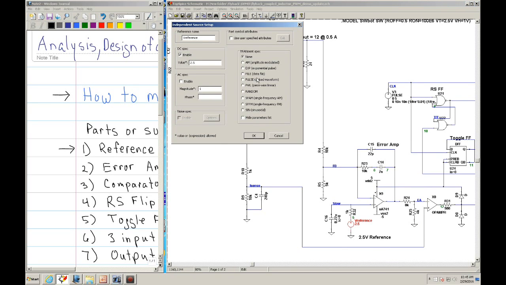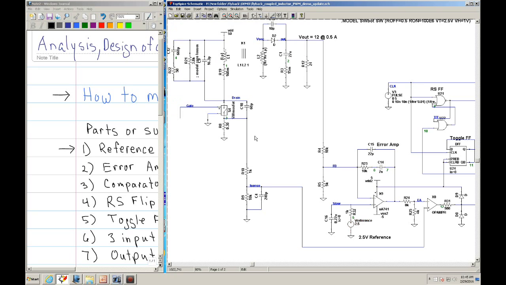It's basically just the voltage source, and I will set it to 2.5 because that is what is typical. I have seen some that are 5 volts, but for the most part, they will be 2.5 volts. Okay. And I add a resistor in series, and I connect that to my error amp.